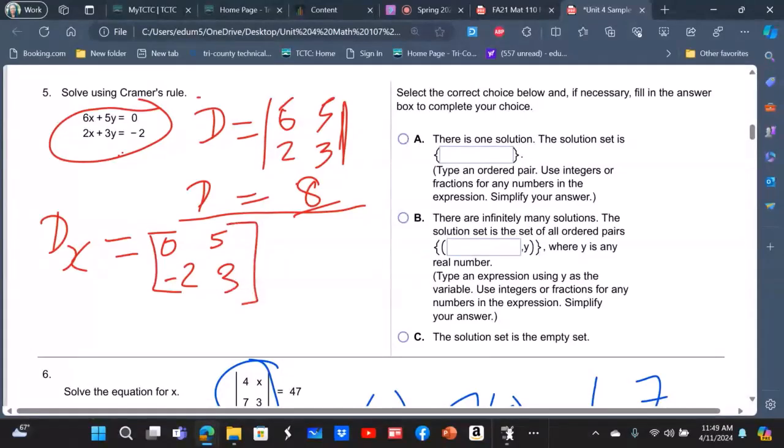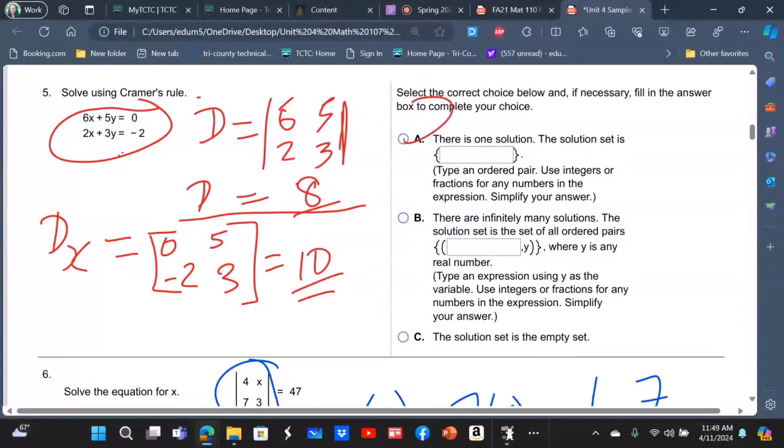Okay, then let's evaluate this 2 by 2 matrix. Okay, so we have 0 minus 10. 0 minus 10 is negative 10. Therefore, the matrix of x is 10.